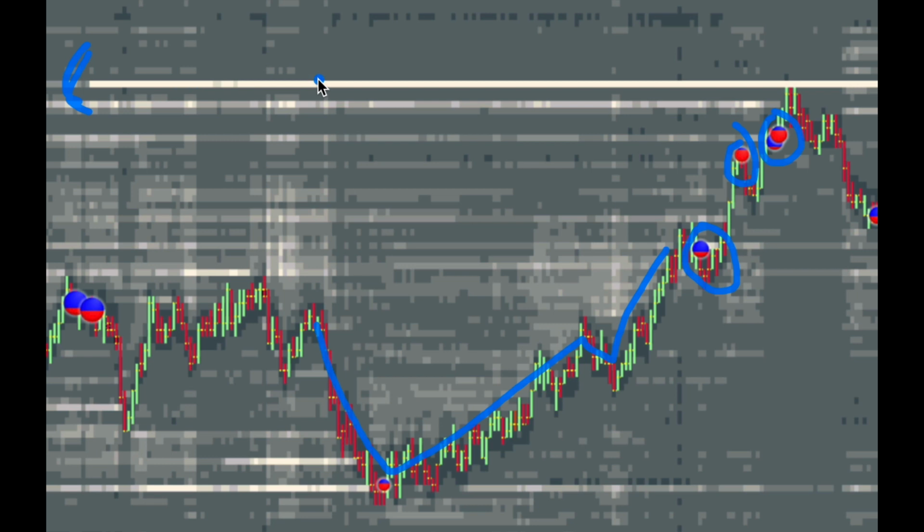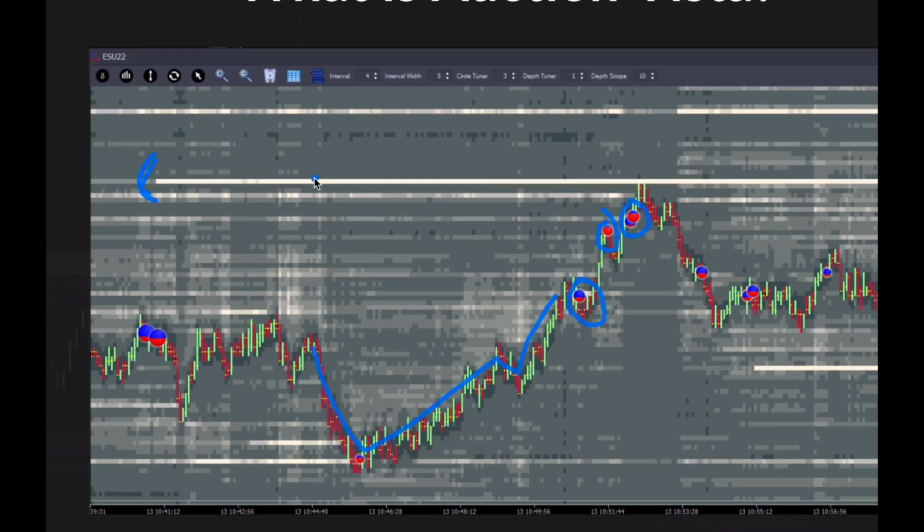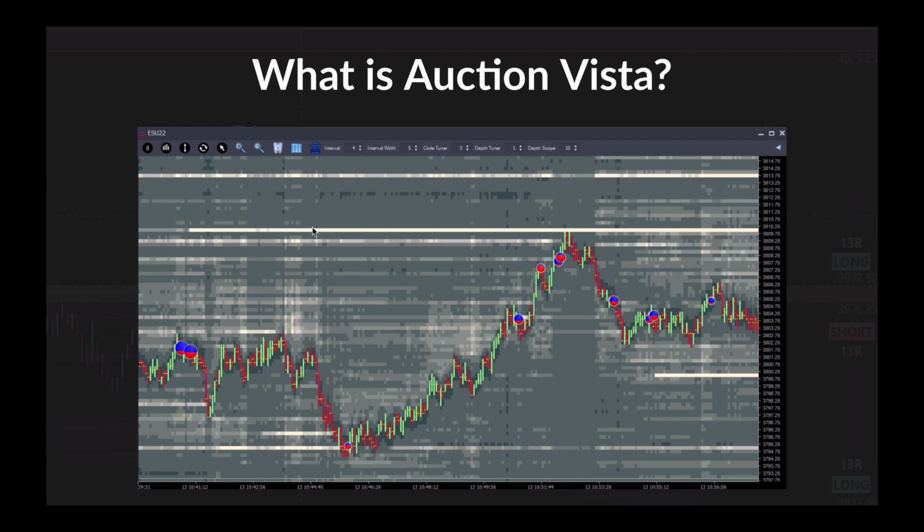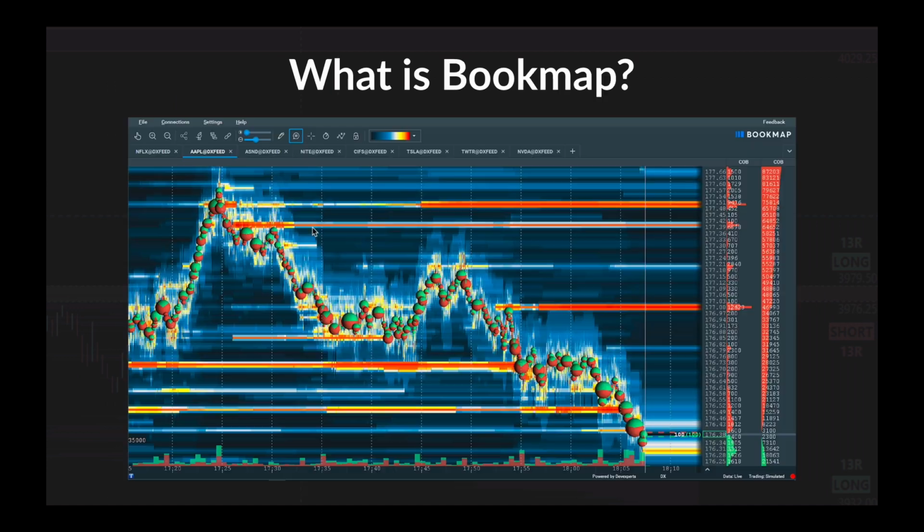And market depth tends to be both a magnet as well as a resistance force. So it will attract price, but also resist price at the same time. So it has really cool effects when you get around these liquidity zones, as I call them. Okay, that's how you read Auction Vista at a very basic level.